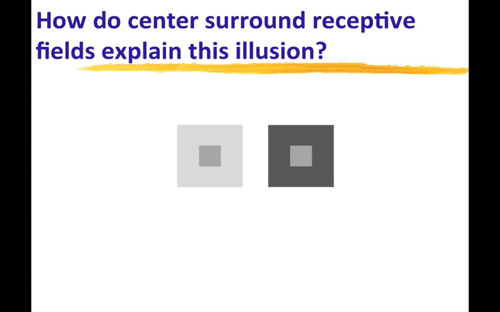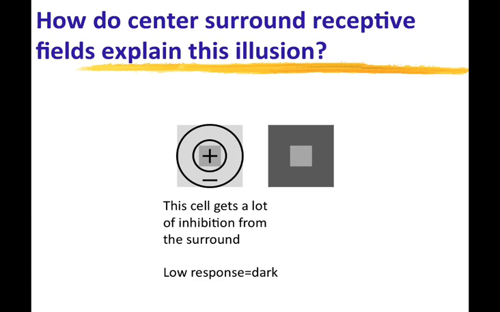How does it relate to our phenomenon of center surround? Suppose you had a ganglion cell that was centered on the left square. This is not drawn to size, but let's just suppose for the context of the example, just so you get this idea of surround suppression.